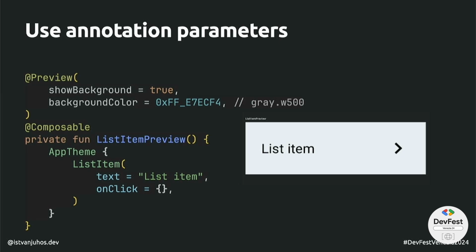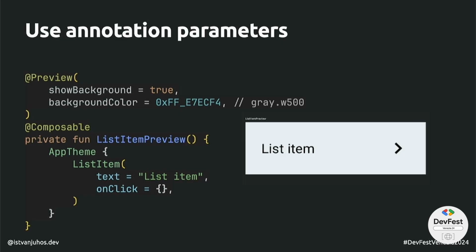So what we can do is comment on it. This is a color copied from our color system, it's the gray.w500 or whatever. Still, not a good solution. If you change that color value or just delete gray.w500, this might not be valid anymore, but it's a thing that we can do.